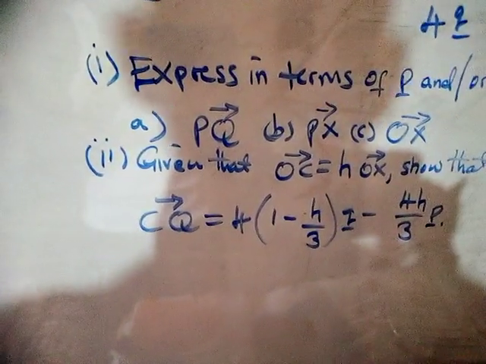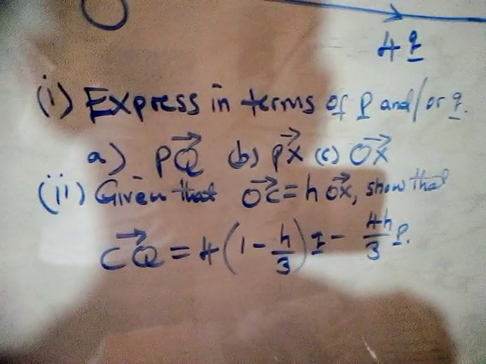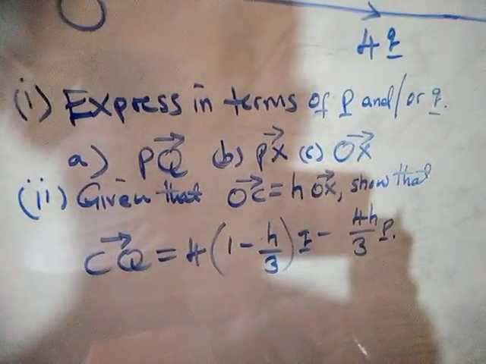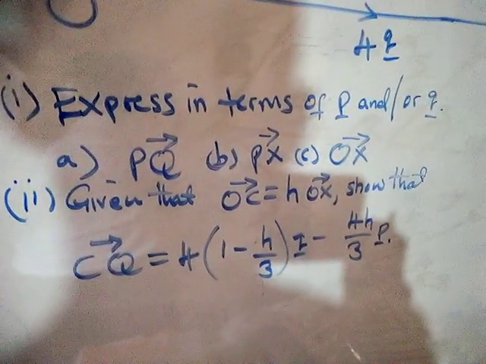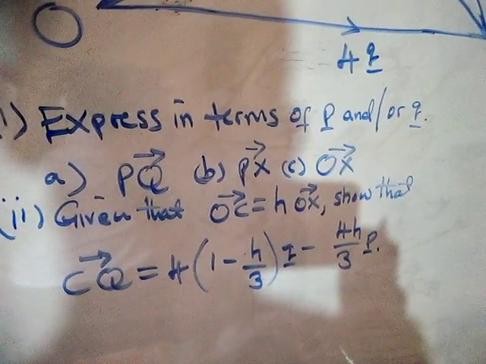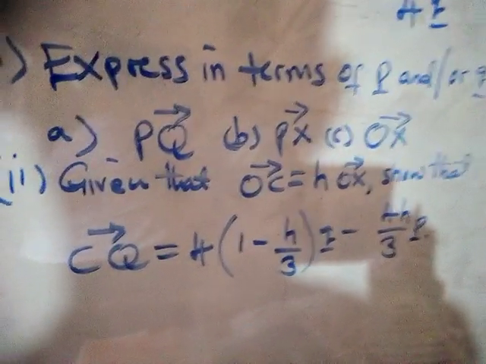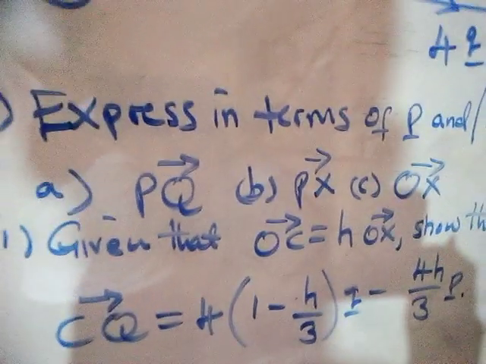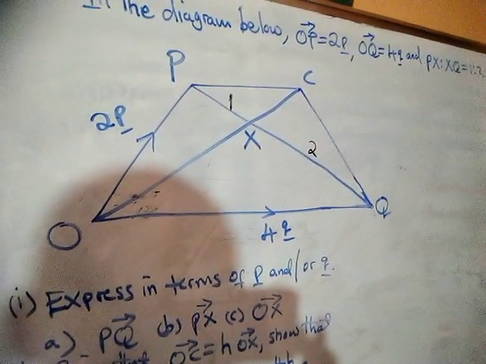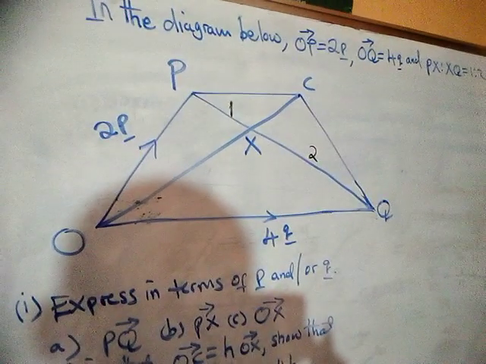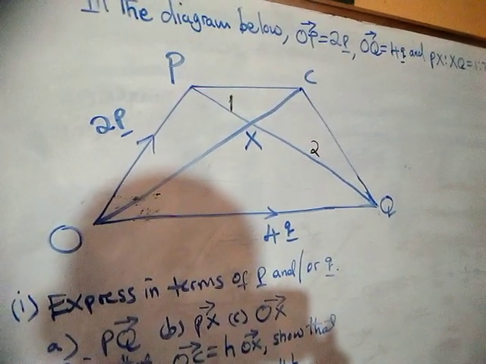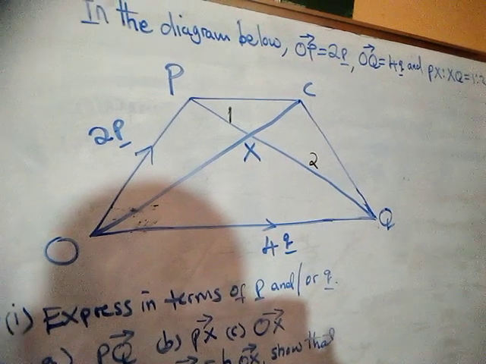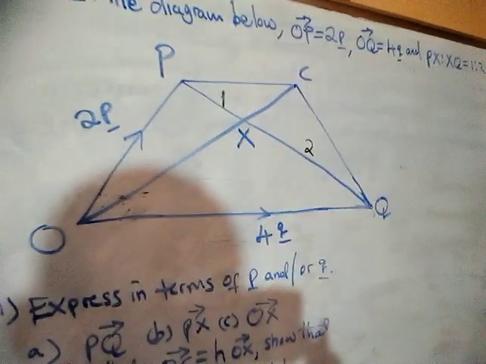We're asked to express in terms of vector P and/or vector Q. So number 1, vector PQ. How do we get at Q from P? Remember to use the movements that are known.